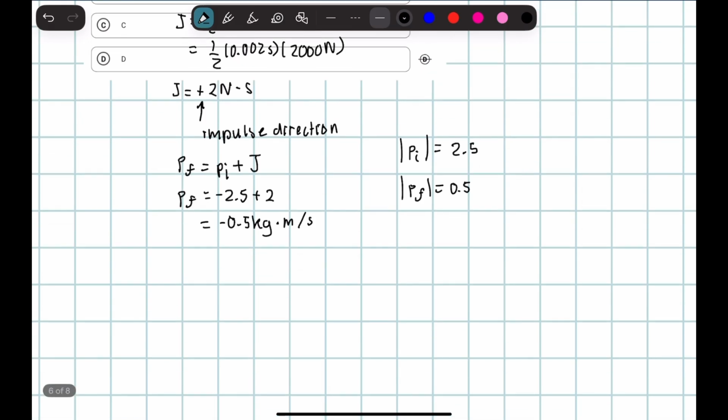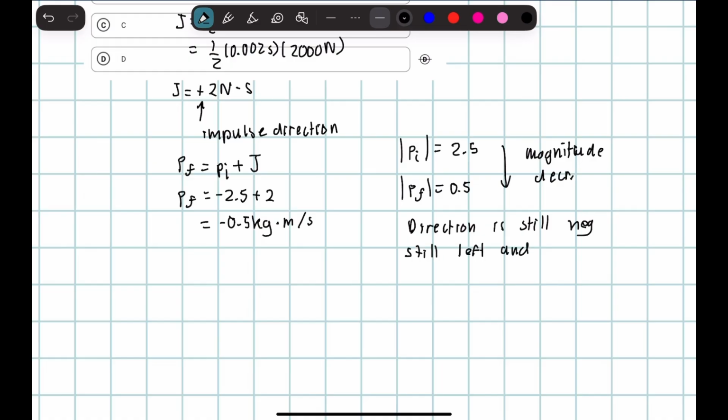So that means we can see that the magnitude decreases. So the direction is still negative, still left, and didn't change.